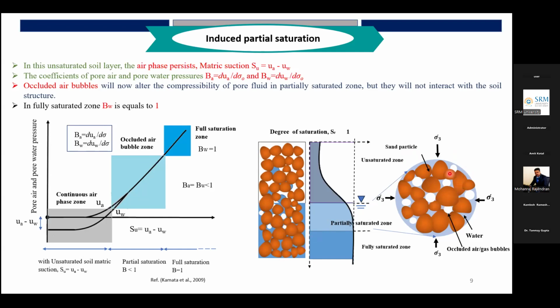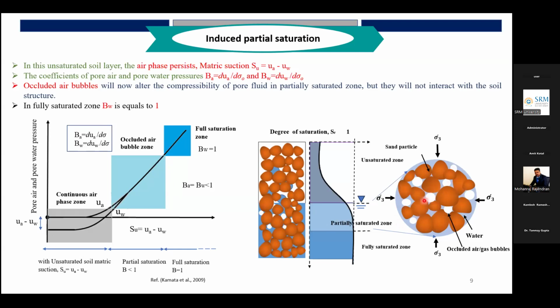Basically, you can talk in terms of the compressibility component. Where you have only water, as you know, water compressibility is almost insignificant, it won't compress. Rather, pressure will build and it will try to destroy the soil particles.